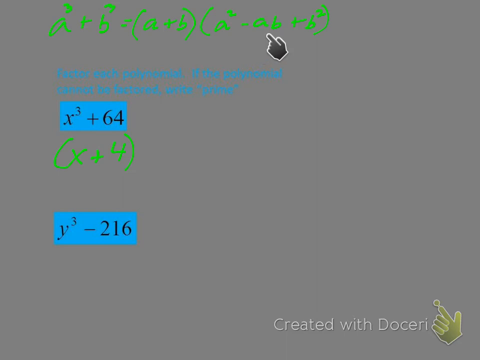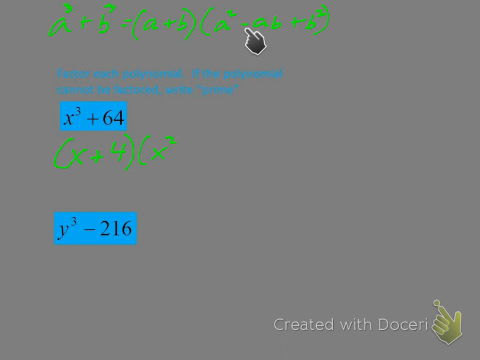Now we have to fill out the trinomial part. Since we have that binomial, you can use that to do your trinomial. So we have A, we have B. Your first term in your trinomial is whatever A is, squared, which means this first term here squared. So x squared. Then you do the sign.